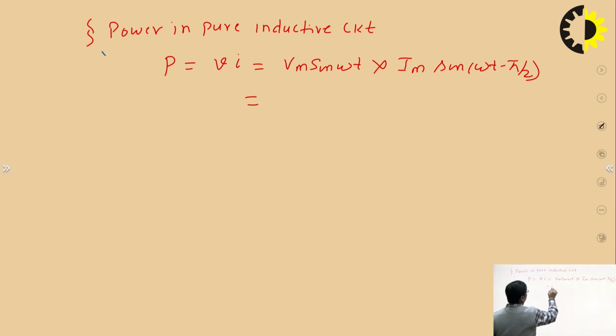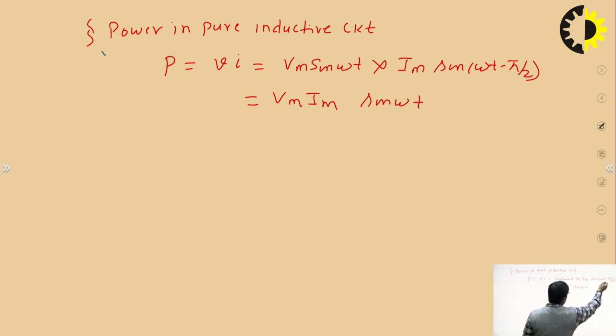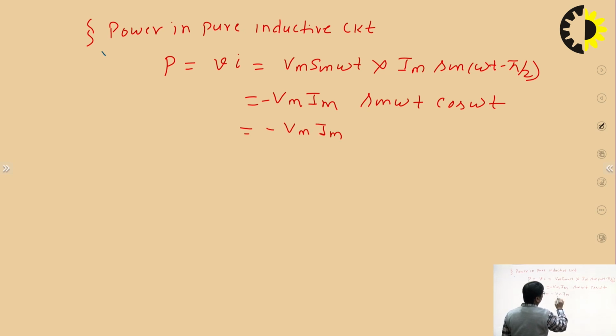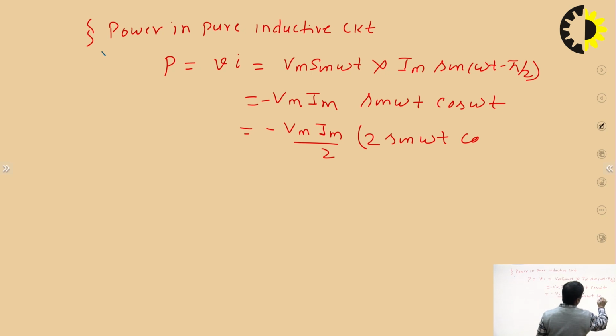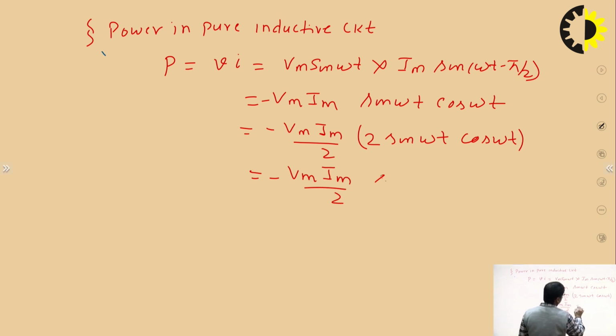This means Vm Im, and then sine omega t times minus cos omega t. So this is equal to minus Vm Im upon 2 sine 2 omega t.